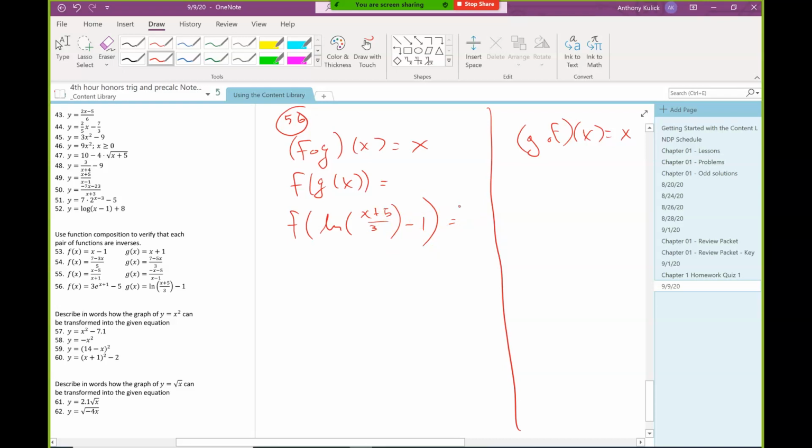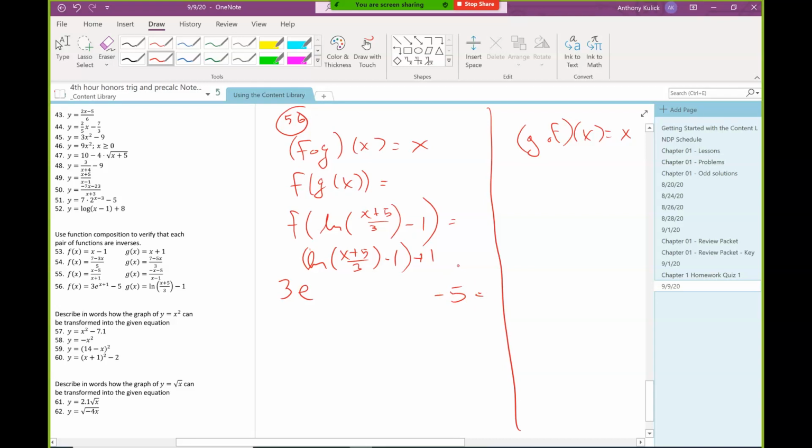Okay with that? And now I'm going to plug this into f of x. So I have 3e to the natural log of x plus 5 over 3 minus 1. And then I have the plus 1. And then I have the minus 5.